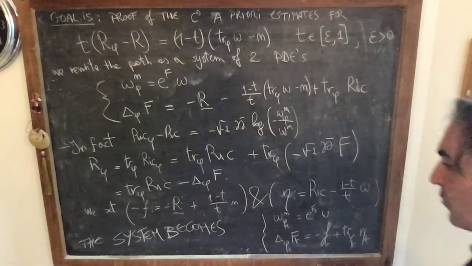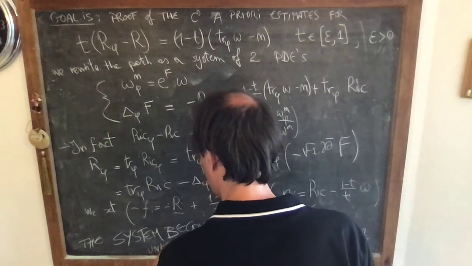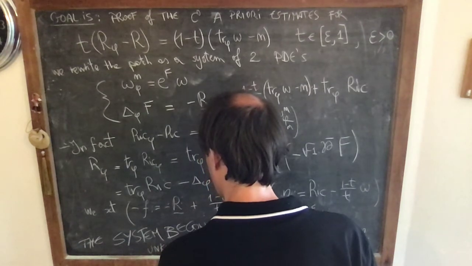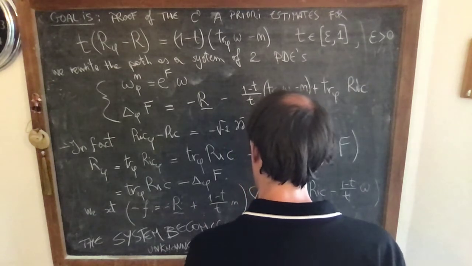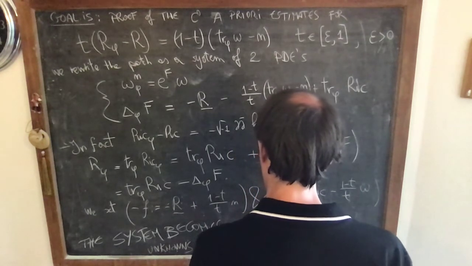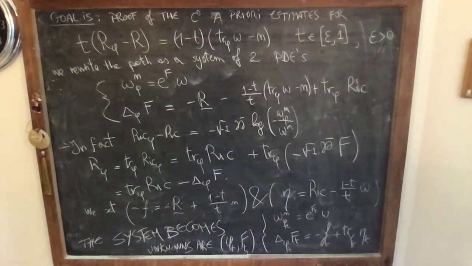The unknowns are f t, phi t and capital F t. Two unknowns for two equations.